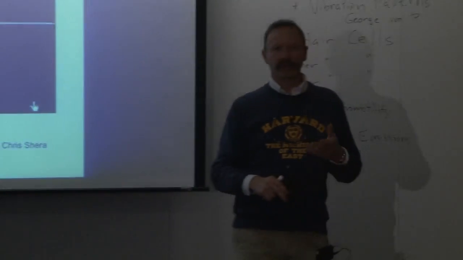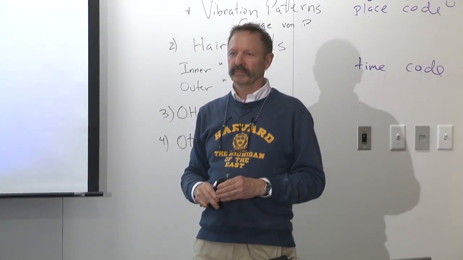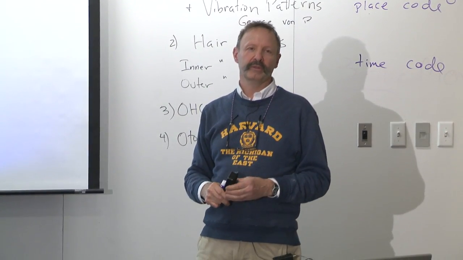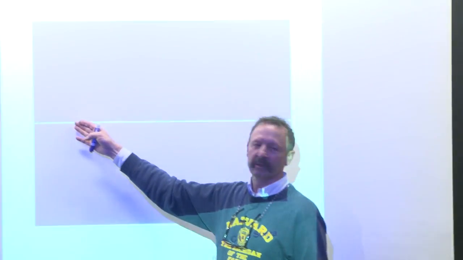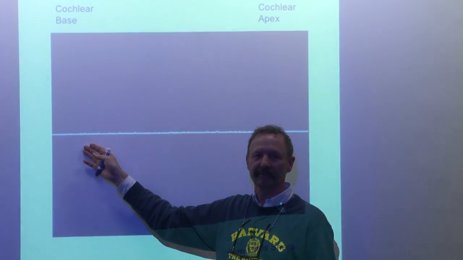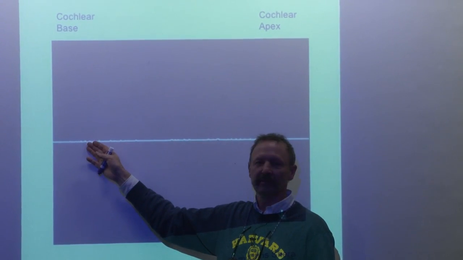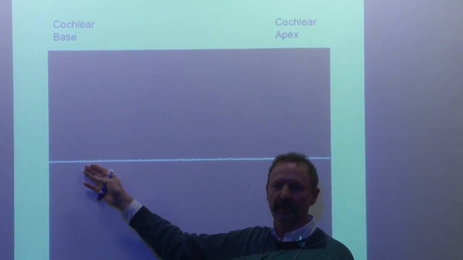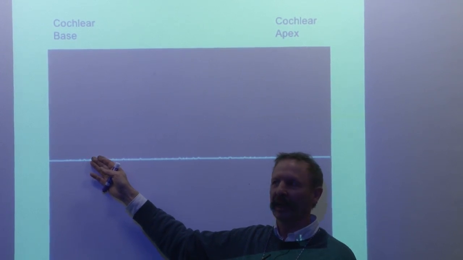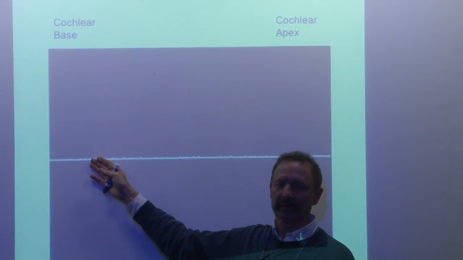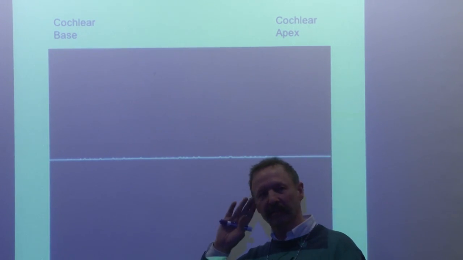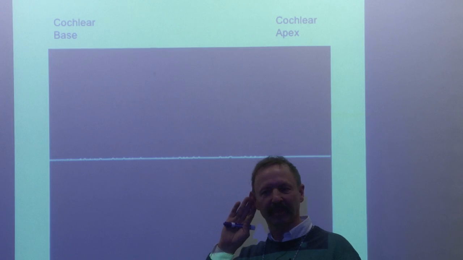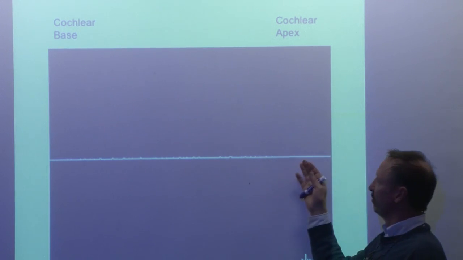And as we'll learn in a week or two, the nervous system keeps track of both of those things. There are hair cells down here in the base of your cochlea, which are connected to nerve fibers that only innervate them and are only active when there is a high frequency sound stimulus. They send that message to the brain. The brain says, I hear some high frequency or high pitched sounds.